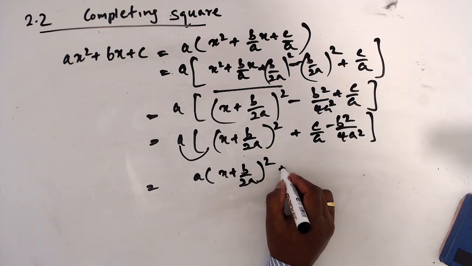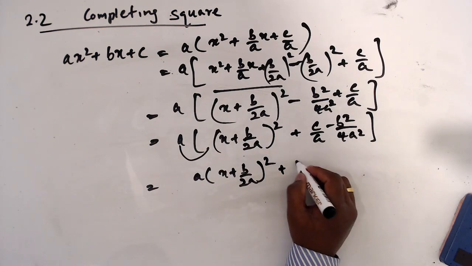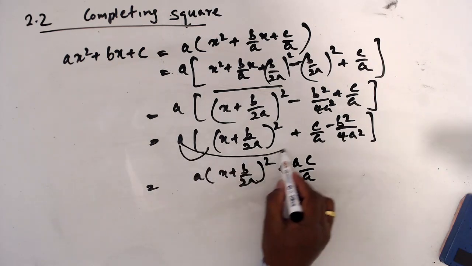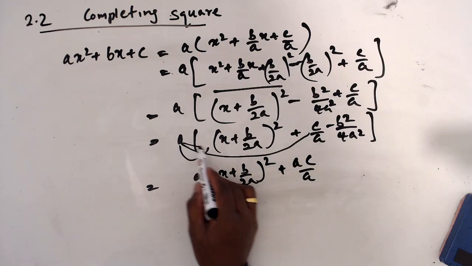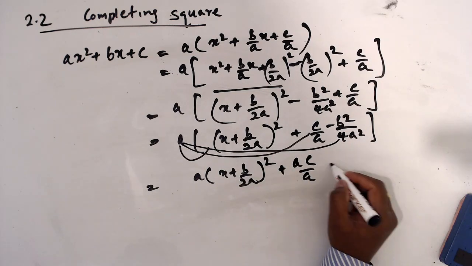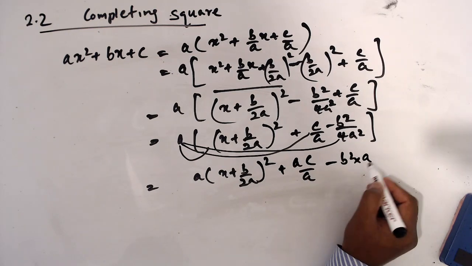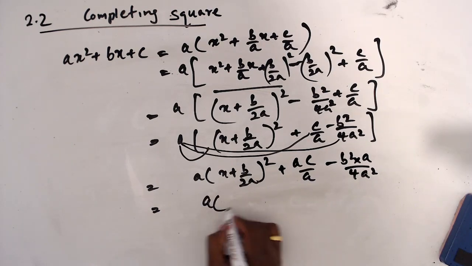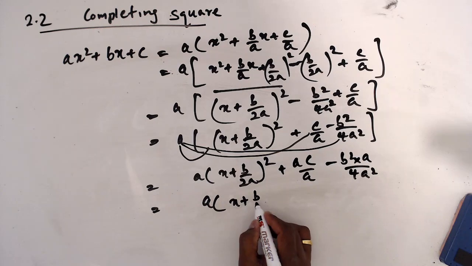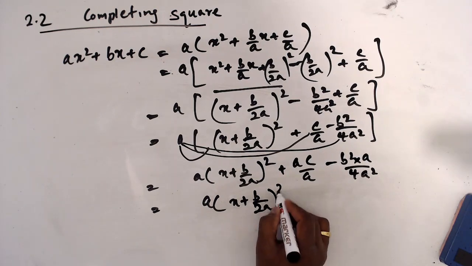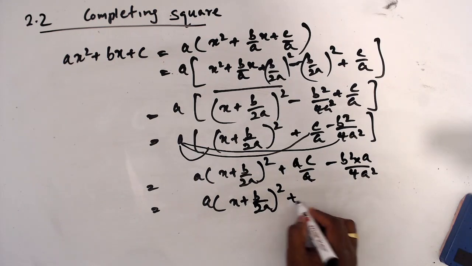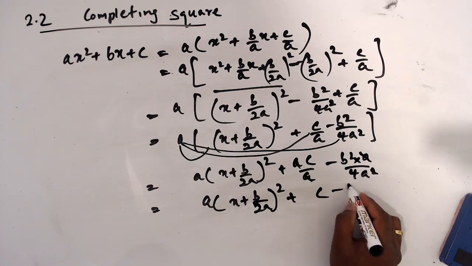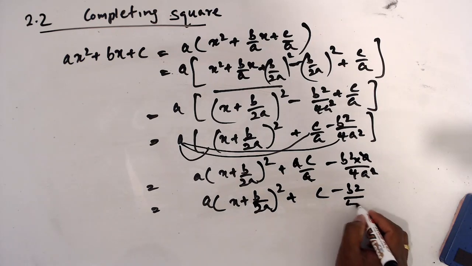Then this is a times c over a, and it's also going to multiply the other one: b square times a over 4a square. Then a times (x plus b over 2a) square, a and a cancel out, plus c, and this cancels out, and minus b square over 4a.